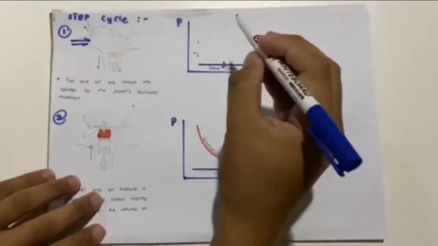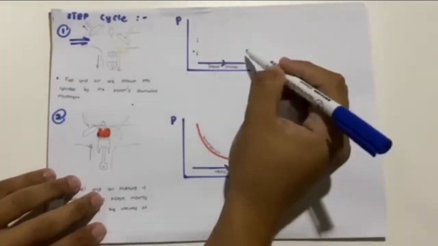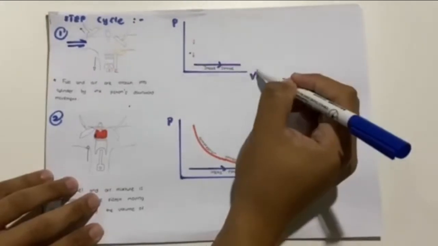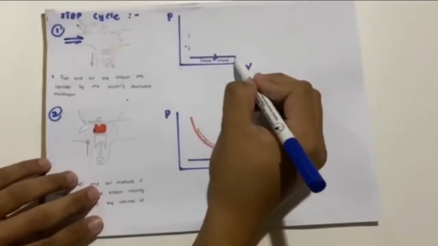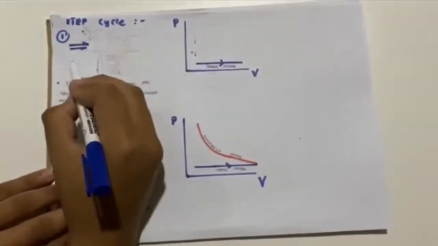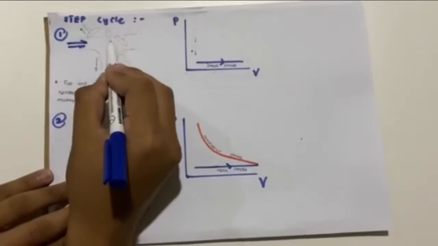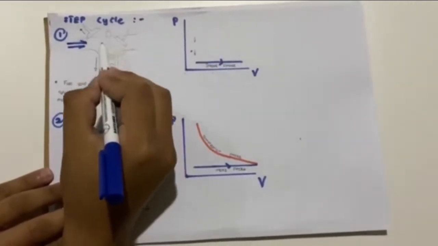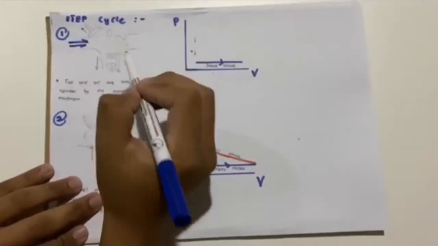Based on the graph of pressure against cylinder volume, we can see that the volume increases because the fuel and air fill the cylinder space.